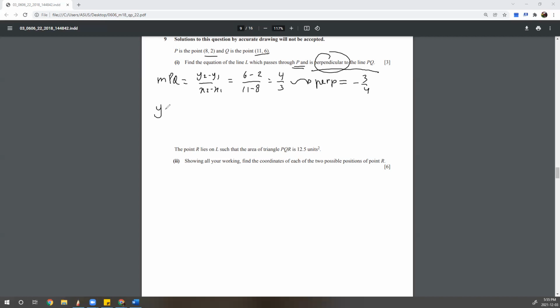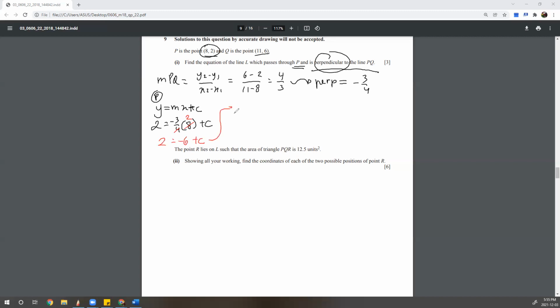So y equals mx plus c. You use point P. The y of P is 2 equals m times 8 plus c. I think you learned with Pak Andra already. This is last year's topic. So 2 equals negative 6 plus c.